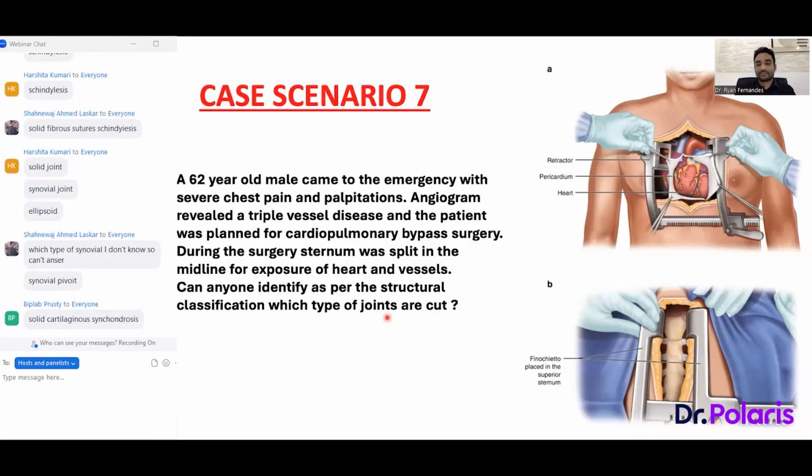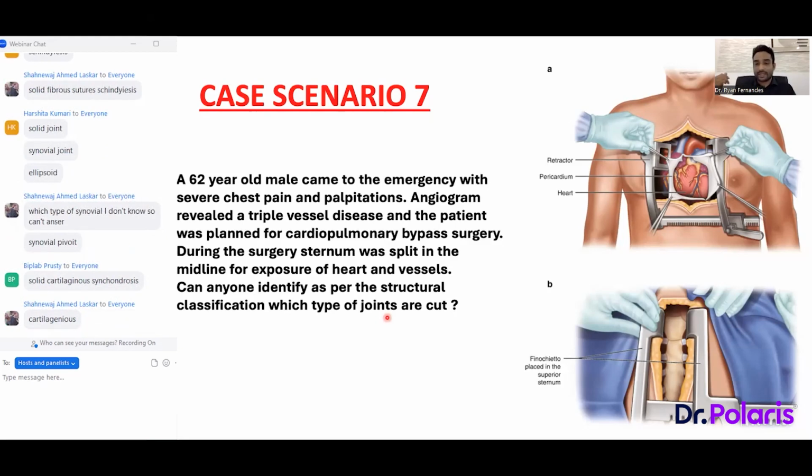Exactly. Anyone who would like to answer? Come on. Is it a solid joint or a synovial joint? If it's synovial joint, based on classification, is it pivot, hinge, ellipsoid, ball and socket? If it is solid, is it fibrous or cartilaginous?